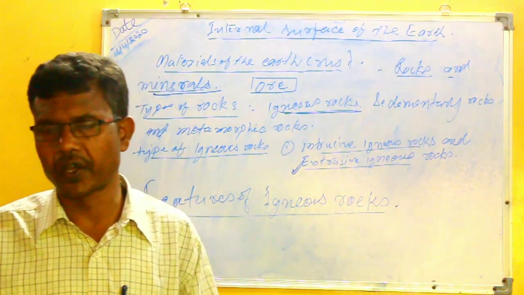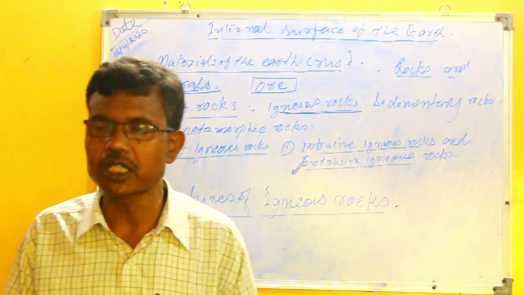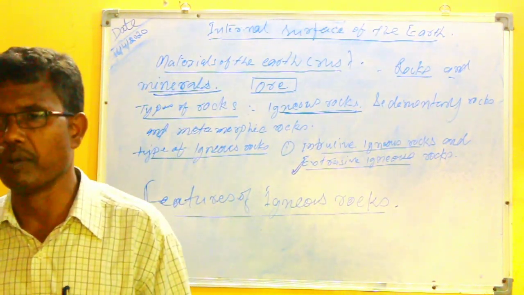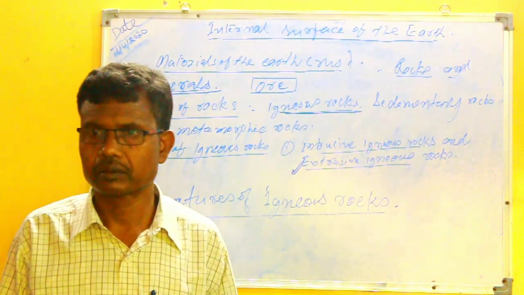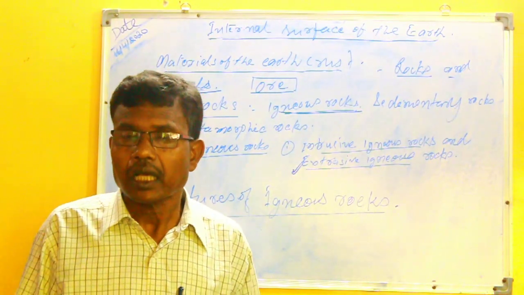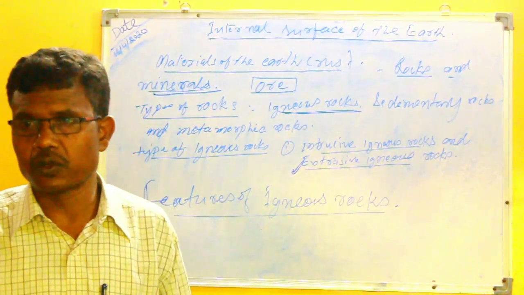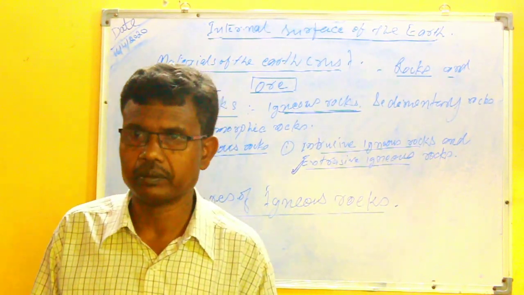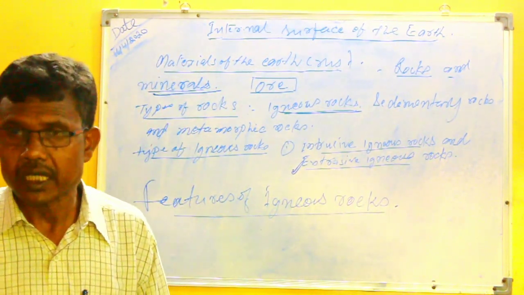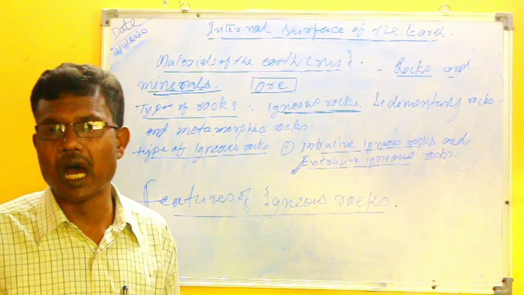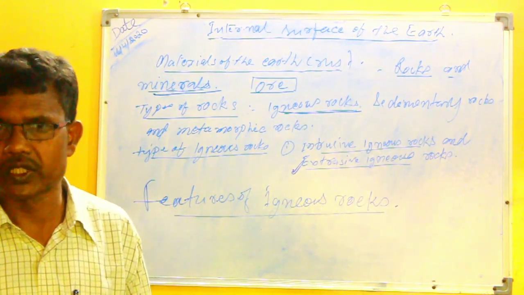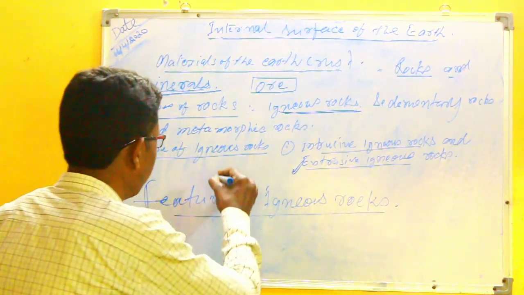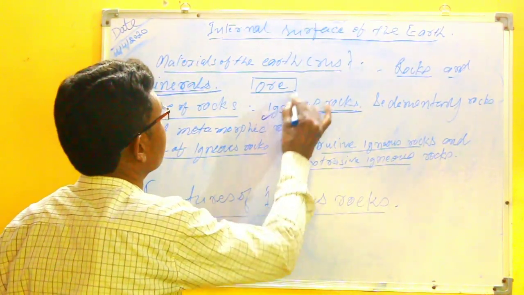These rocks do not contain fossils since they have formed from lava. These rocks do not allow water to pass through them. These rocks are primary rocks since the other rocks are formed from these igneous rocks.